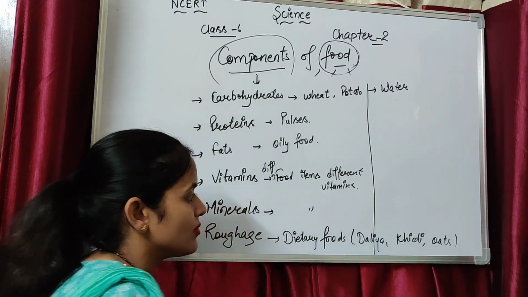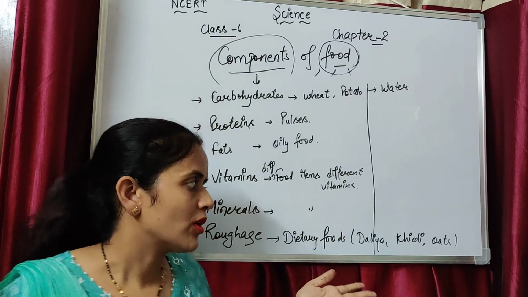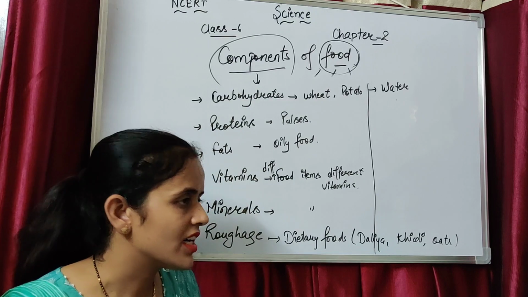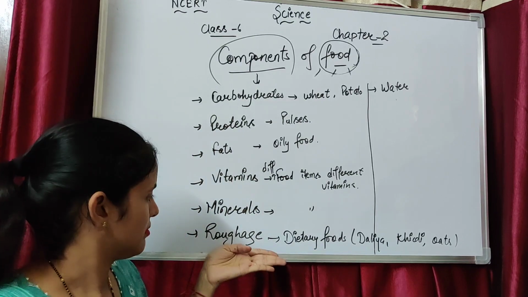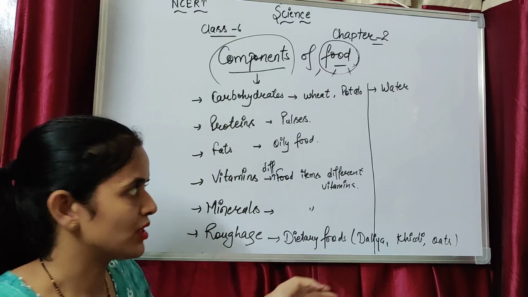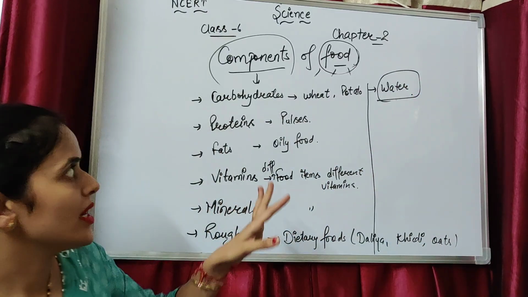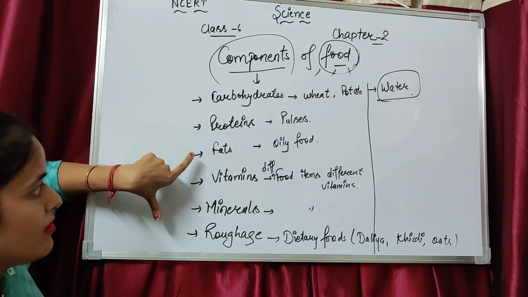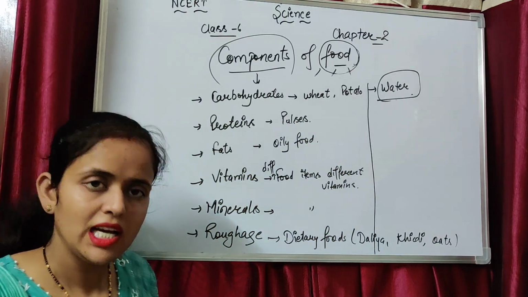You know, when we are suffering from any stomach infection, the doctor says to take dietary foods like dalia, khichdi, simple food. So these are roughage, known as dietary foods. And water, we all know about water. These are the main components of food: carbohydrate, protein, fats, vitamins, minerals, roughage and water. Okay, clear till there?